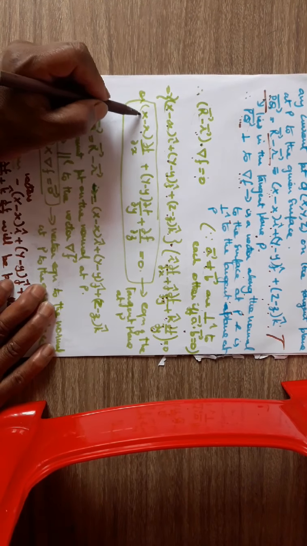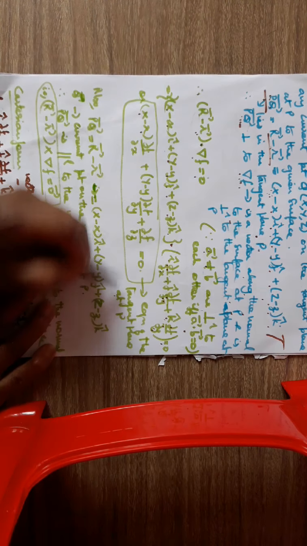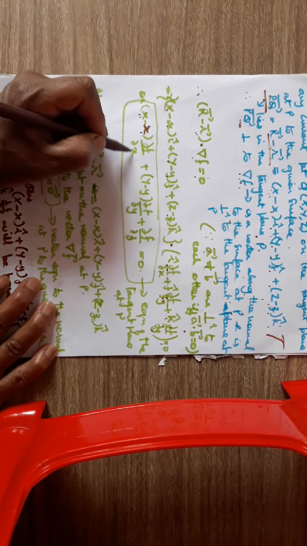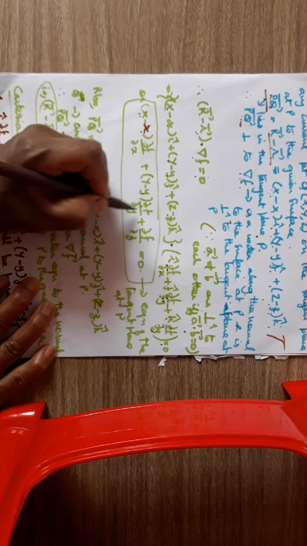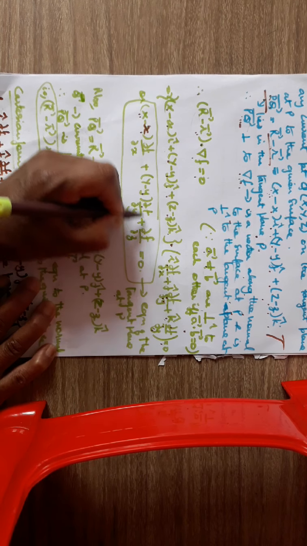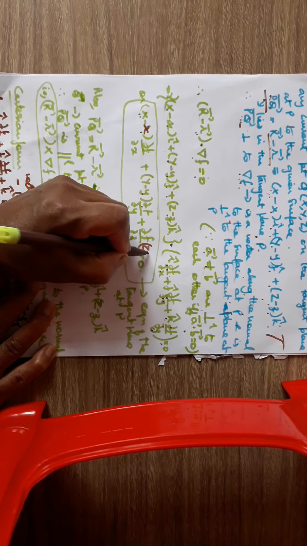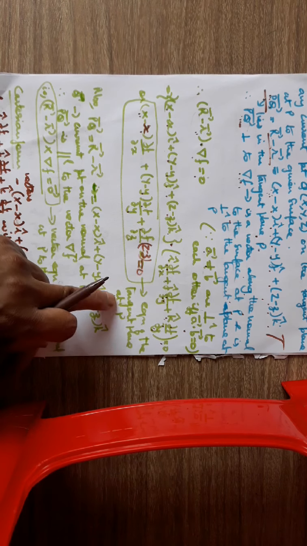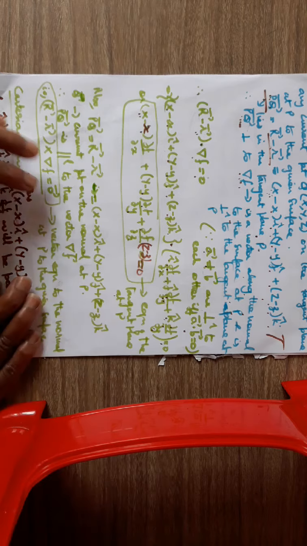So this is the required equation of the tangent plane at P. You have to remember this formula: (X - x) ∂f/∂x + (Y - y) ∂f/∂y + (Z - z) ∂f/∂z = 0 is the equation of the tangent plane at P.